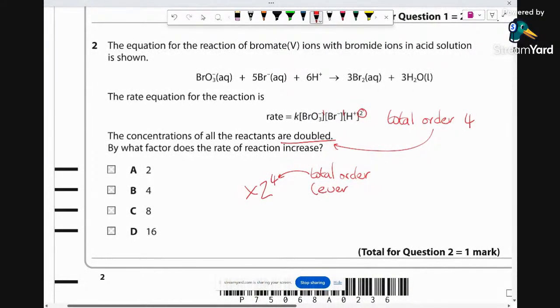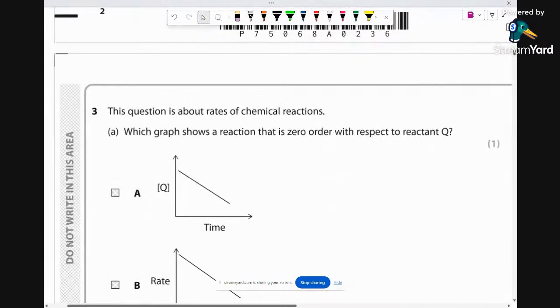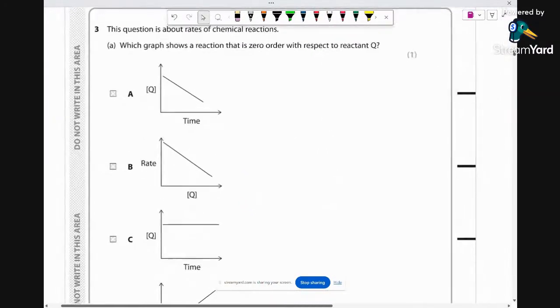Just bear that in mind. So 2 to the power of 4, where's my calculator? It's going to be 16, but I like to do it on my calculator anyway. I'm going to go for D. Okay, next. This question is about chemical rates.